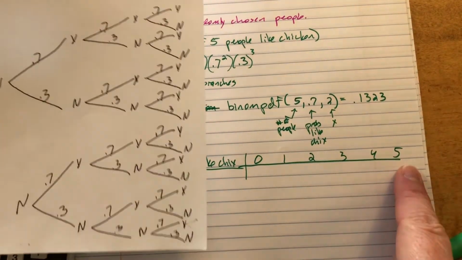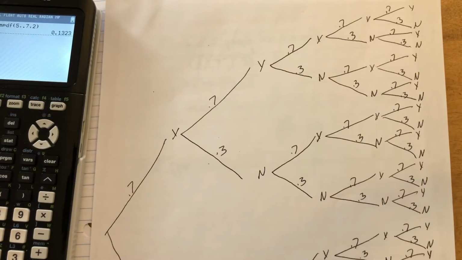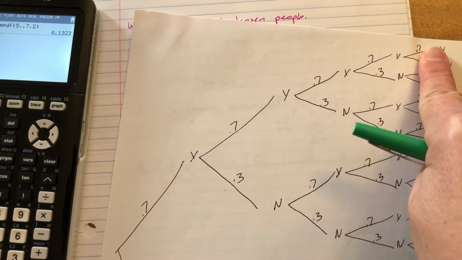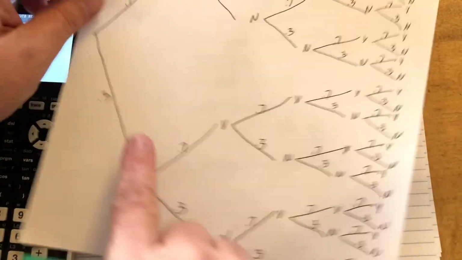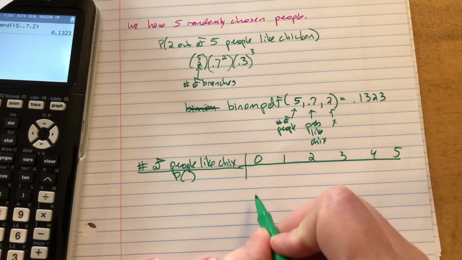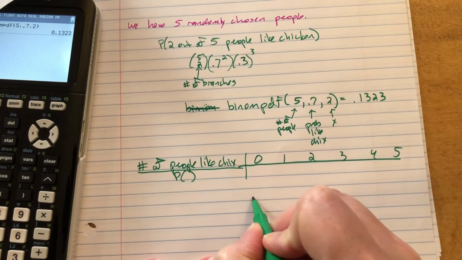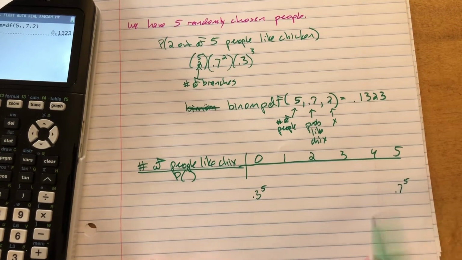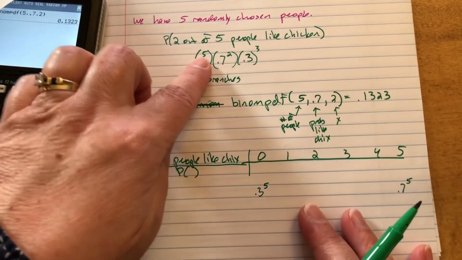The no people and the 5 people, those are the top and bottom branches. This is 5 people liking chicken, right? 0.7 to the 5th power. And 5 people not liking chicken is the bottom branch, 0.3 to the 5th power, okay? So I'm gonna put down here, 0.3 to the 5th power, and this would be 0.7 to the 5th power, okay? But I'm gonna do it in the binomial as well.